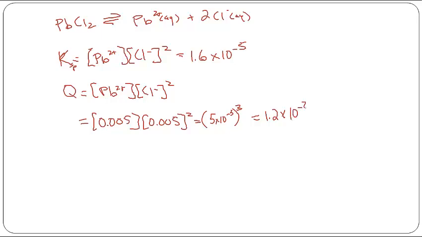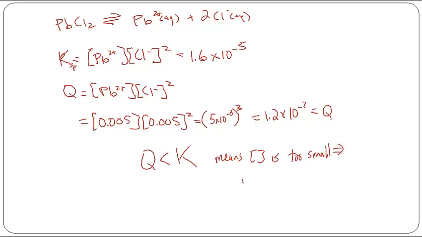I see where, okay. Now, compare, this is my Q. My Q is still less than K. That means my ion concentration is too small, which means no solid will form.